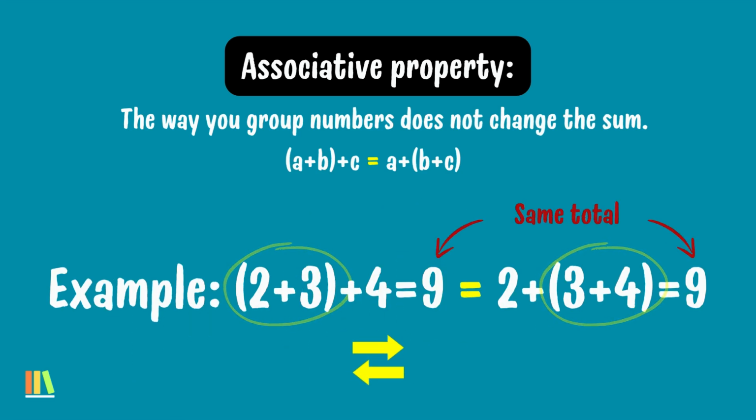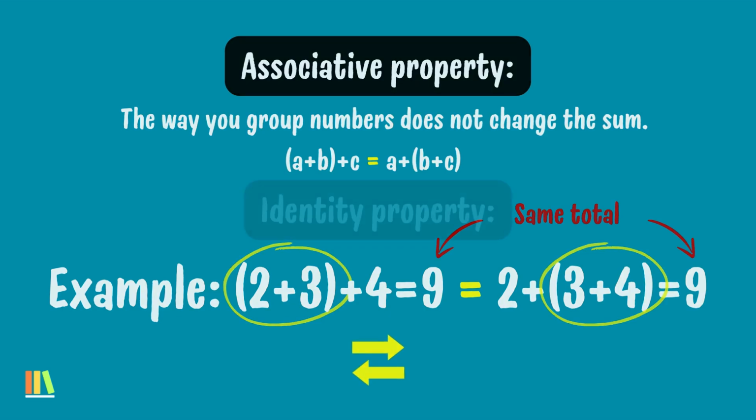Again, the difference between the 2 equations is that the grouping is different, but the sum totals the same.